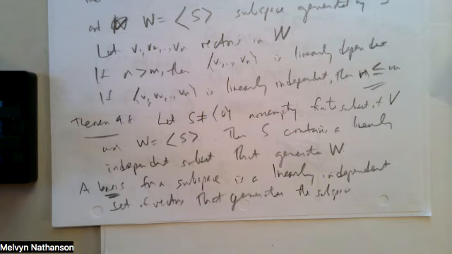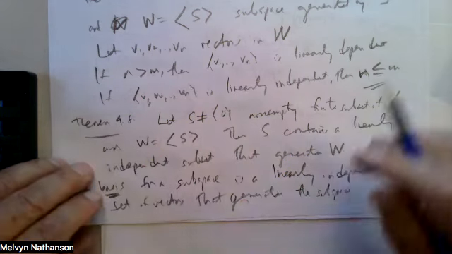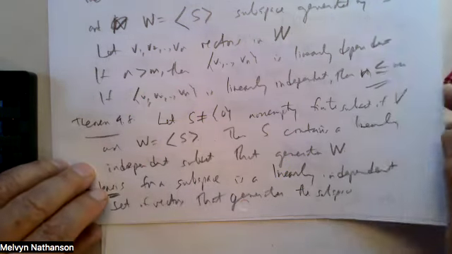So a basis for a subspace is a set of vectors with the following 2 properties. Every vector in the subspace is a linear combination of vectors in the basis, and the set of vectors in the basis is linearly independent.